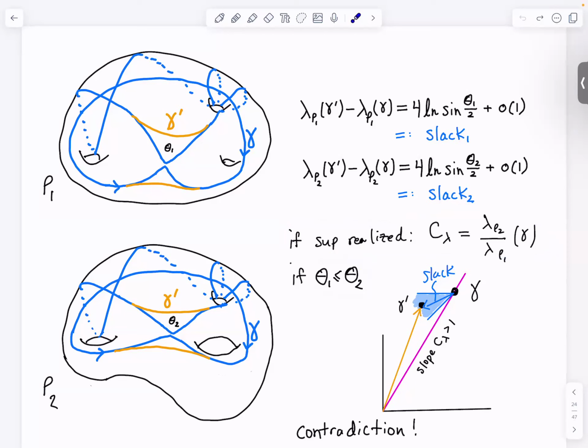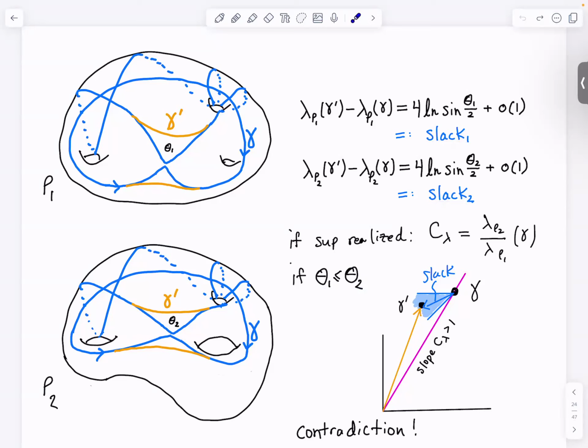Well, what do we know about this function? 4 log sine theta over 2, calculus time. It's monotonic, increasing, right? Okay, so ignoring this error term, if theta 1 is less than or equal to theta 2, then slack 1 and slack 2 are such that if I draw them as a vector, so they're both negative, right?